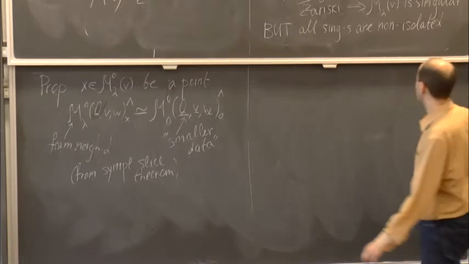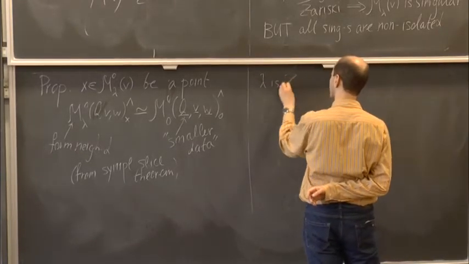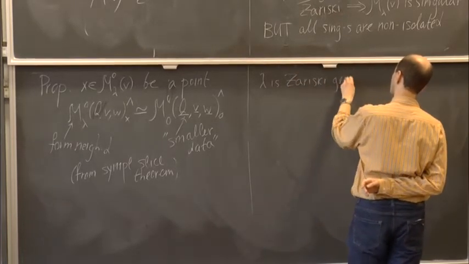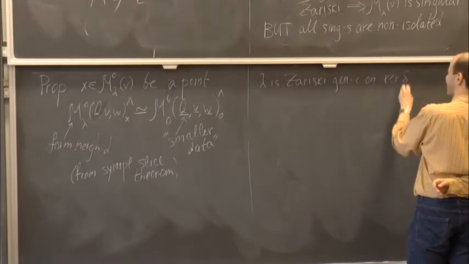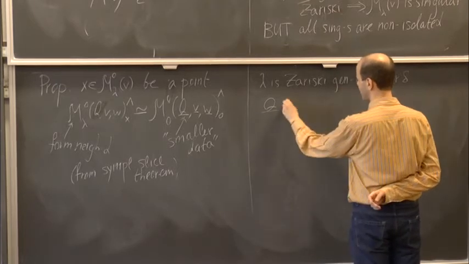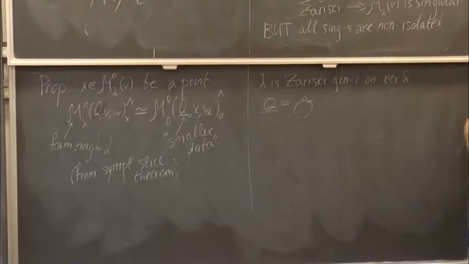Now, in our situation, when lambda is Zariski generic on Ker delta, this underlying quiver Q is going to be one loop.